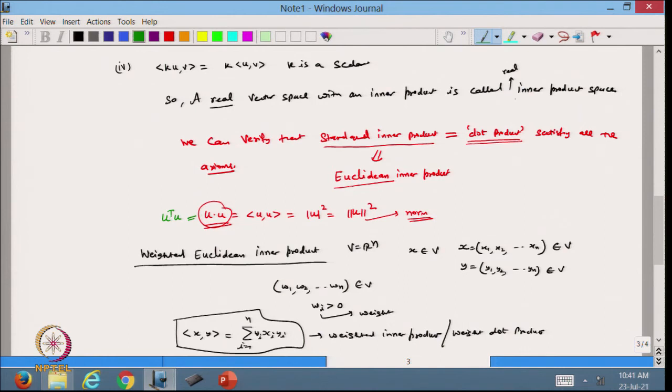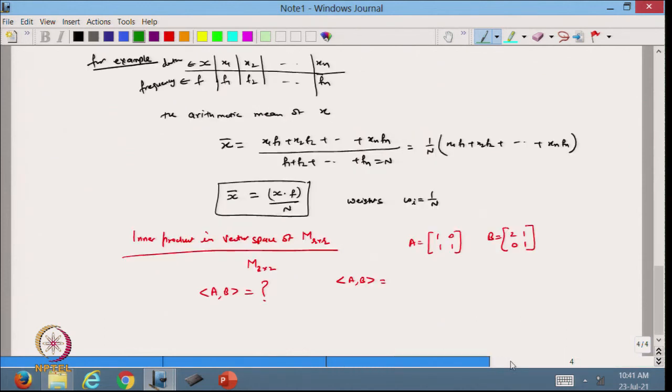So, U transpose becomes the row vector and is multiplied by U. So, it is a matrix multiplication. Now, I know that these matrices are also made up of vectors.